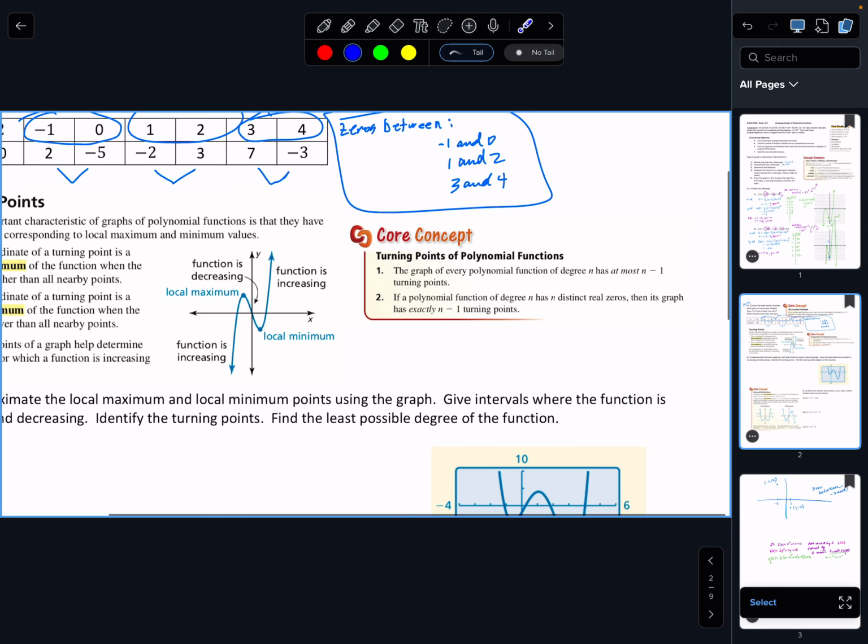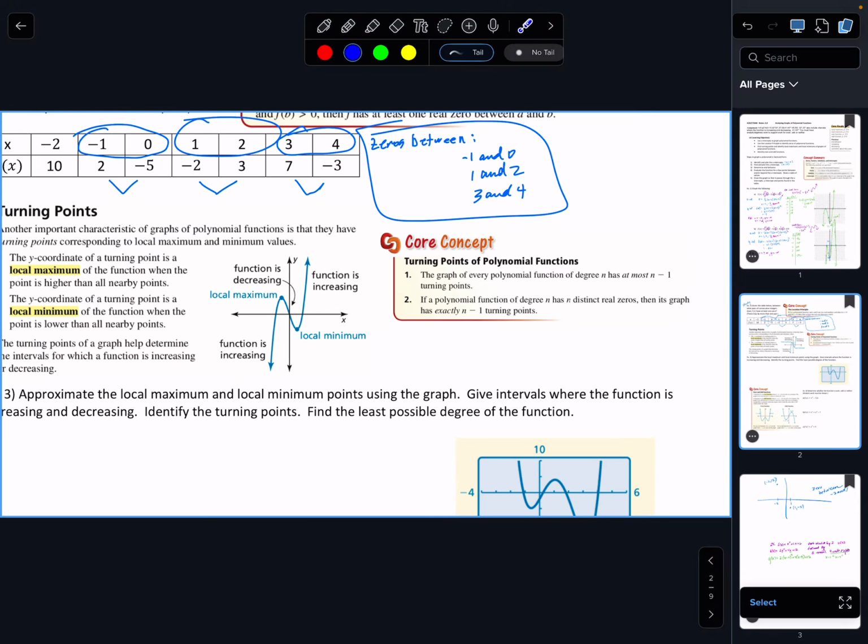So if you don't know if it has exactly n zeros that are distinct, you can have up to n minus 1. You don't have to have that many. But if you know it's of degree n and it has n distinct, then it does have n minus 1 turning points. So when you look at this, it has 2 turning points. It's got to be at least of degree 3. Has to be at least of degree 3.